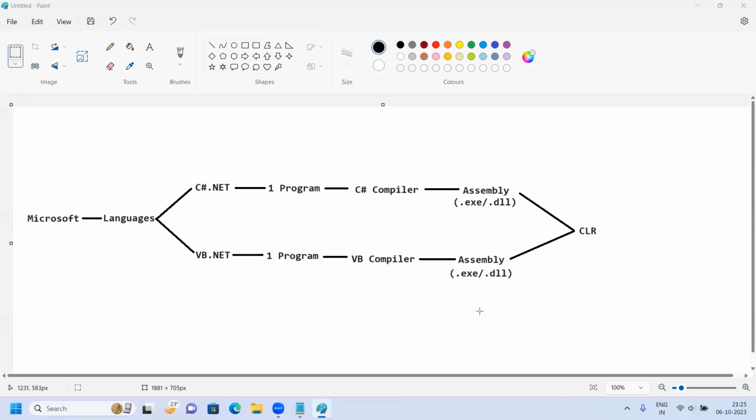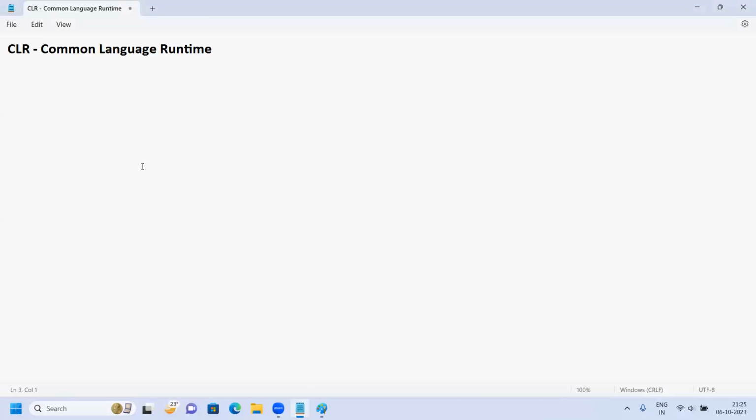Okay. Now, going further, one more important part that we study. CLR internally has, approximately, I'm saying, not exact, around 11 to 12 components inside it. In that, one is the JIT compiler. Second, we have CTS, yesterday's topic, Common Type System.